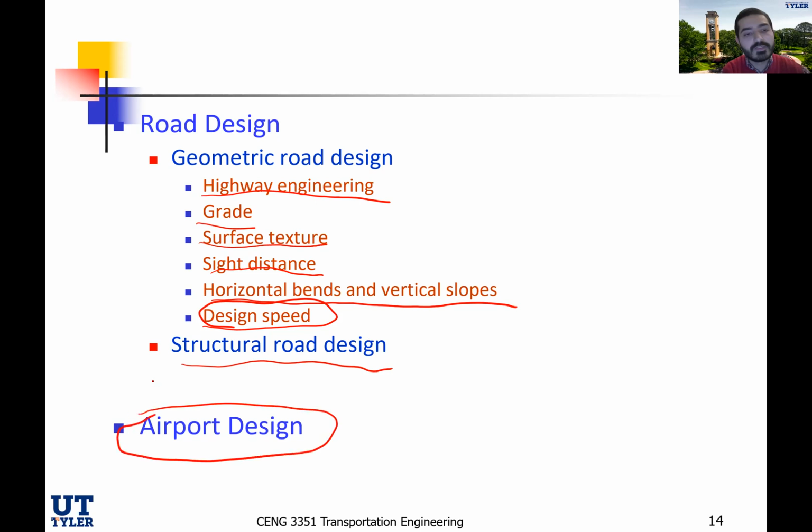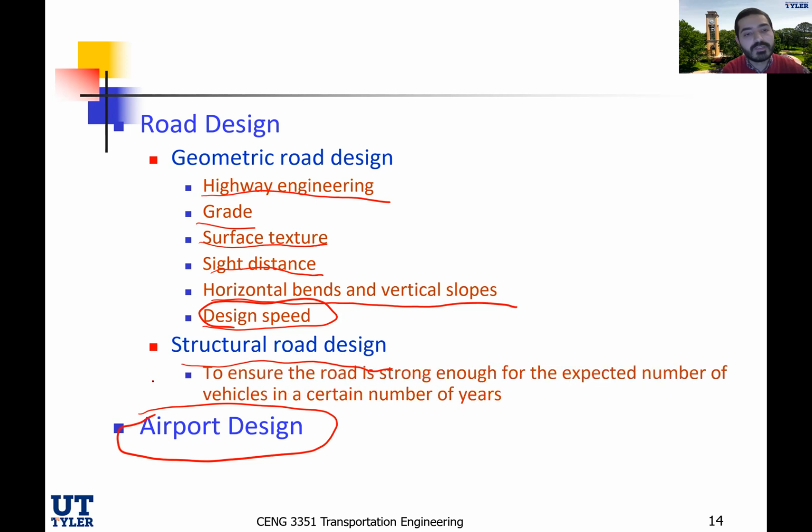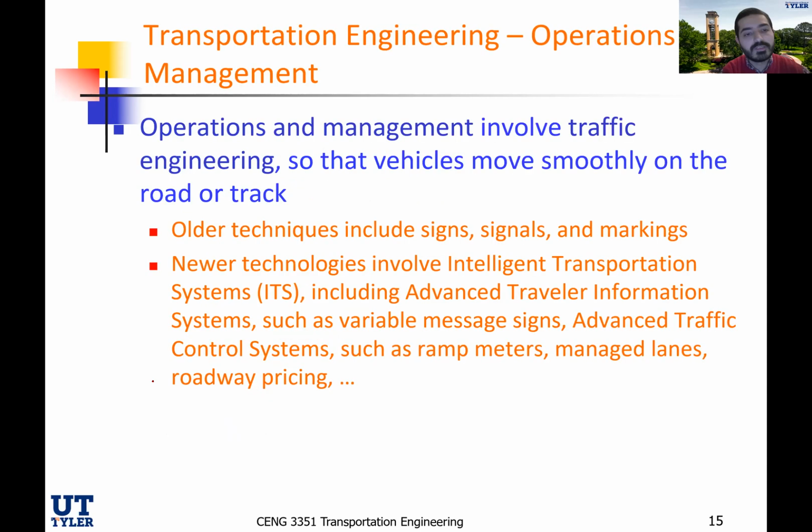We do design runways, we do design taxiways, we do design the thickness of each of the layers of the taxiways and the runways. It's a very interesting fact. But yeah, we are civil engineers, mainly transportation engineers. We design airports. As structural engineers, we ensure that the road is strong enough for the expected number of vehicles for a certain number of years.